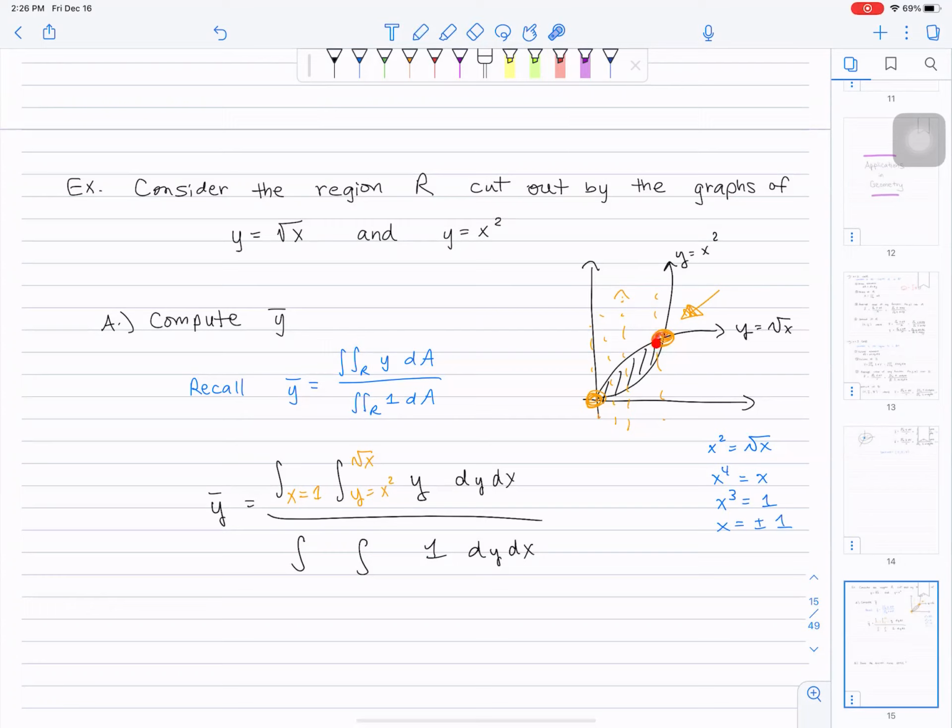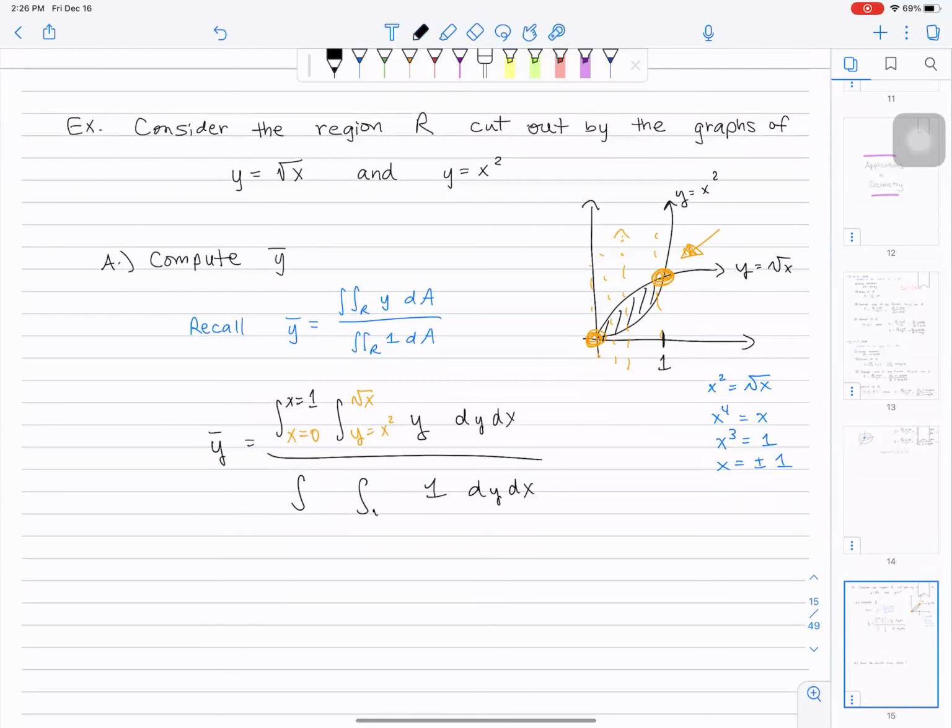But I know it's going to be positive because I'm in the positive quadrant. That means x equals 1 here. Sorry, and my lower bound, I wrote it wrong. It was 0. So to find this point, you can either set these equations equal to each other, or you can also kind of guess, because 1 squared equals 1, and the square root of 1 equals 1 as well.